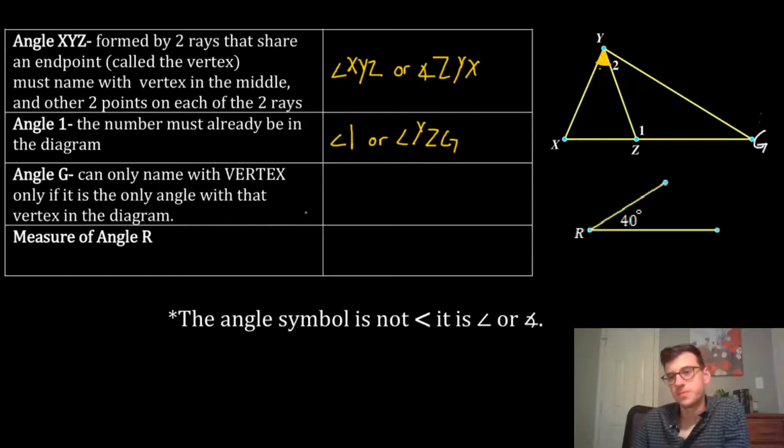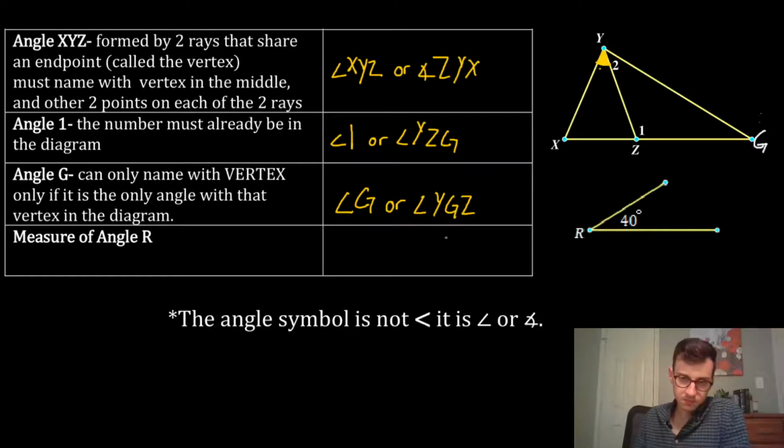Angle G, we can only name an angle with just one letter if it's the only angle that could be assigned to that letter. So for example, angle G is an angle. We know that it refers to what angle? It refers to angle YGZ. And you could be smart and say, oh, well, it also refers to angle ZGY.